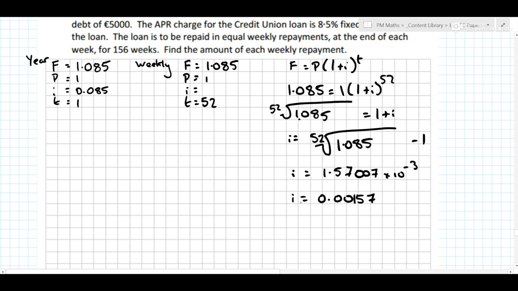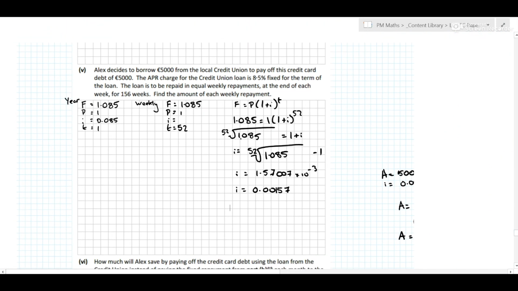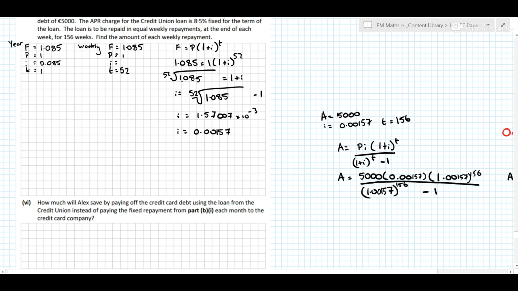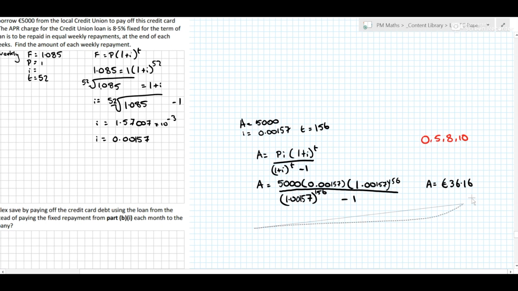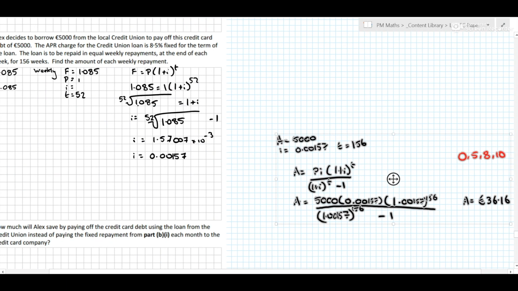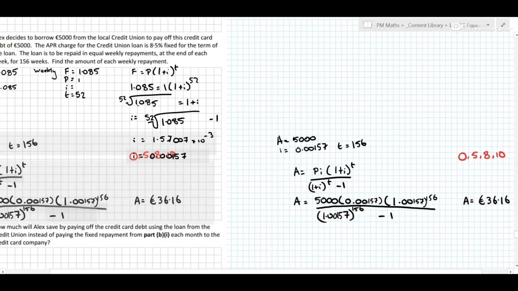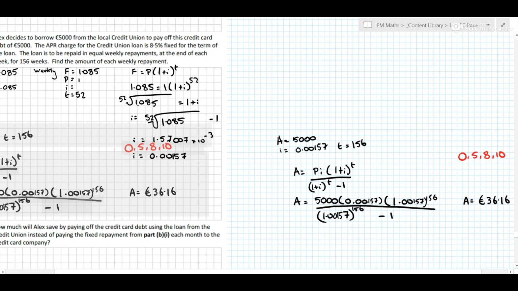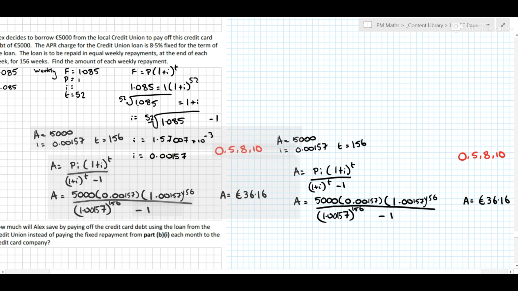Now, what's this going to be? This is going to be the interest rate for using it in the amortization formula that we have up above. I'm just going to slide this in from the side. So we can rush on through the question. I'll leave it there.